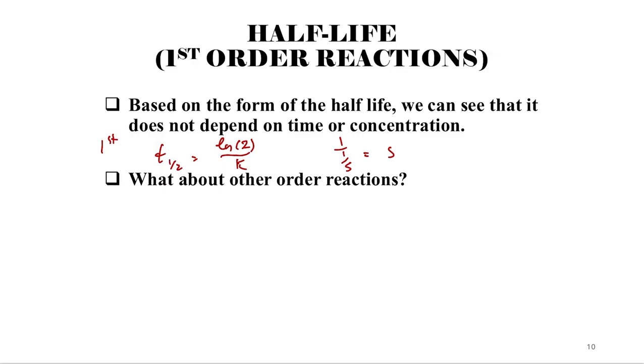So we haven't talked about a second order reaction yet, but we have talked about a 0th order reaction. Does anyone remember what the integrated rate law is? So the thing with the half-lives is you always start from an integrated rate law and go through the same process that we just did, right?